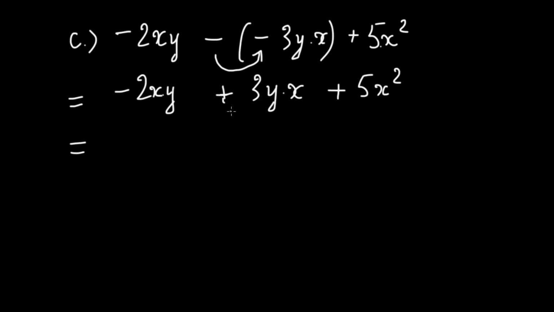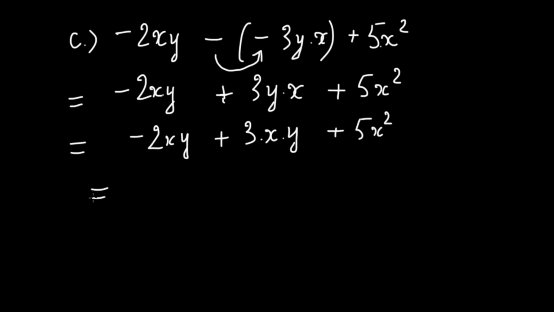We can rewrite it as negative 2xy plus 3xy, because y times x equals x times y, plus 5x squared right here. Then you see 3xy minus 2xy equals 1xy, which is xy. They are like terms, so we can simplify.